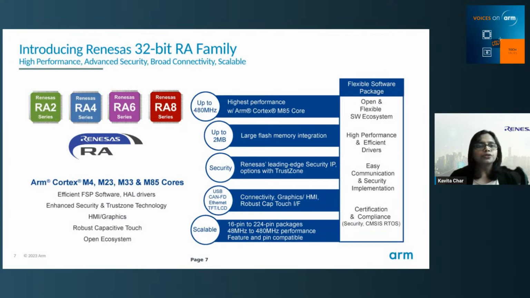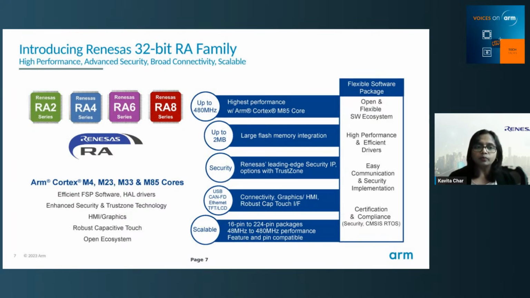This slide here introduces the Renesas 32-bit RA family. These MCUs are high performance, highly integrated devices based on the Arm Cortex-M4, M23, M33, and now with the RA8 series, the M85 cores. We have devices that span the performance spectrum.